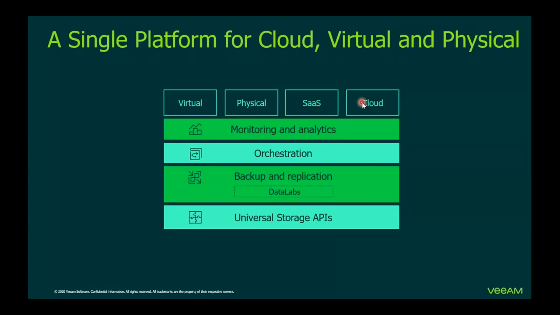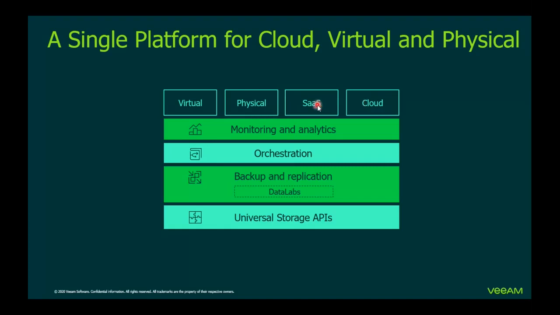That can be integrated with your on-premise VBR solution if you want. There are multiple use cases, multiple scenarios which you can think of and integrate your backup from cloud to on-premise or from on-premise to cloud. So we will talk about the cloud part.